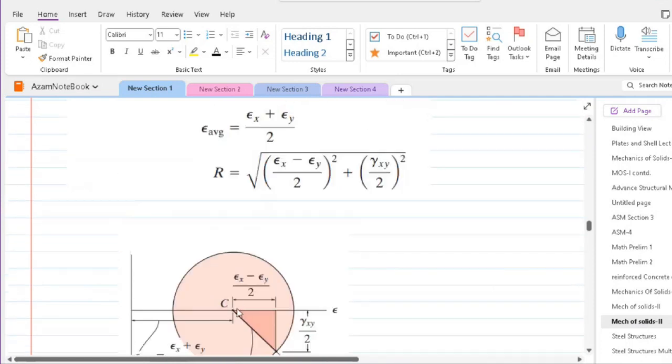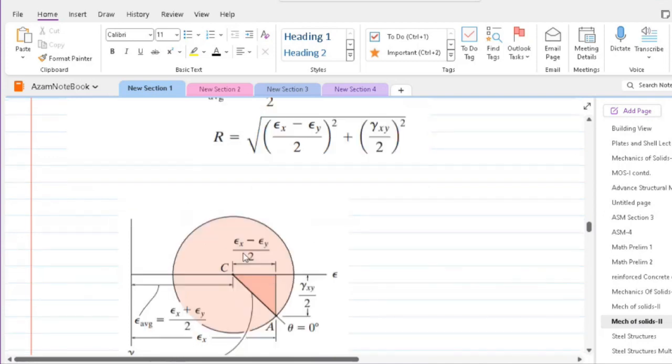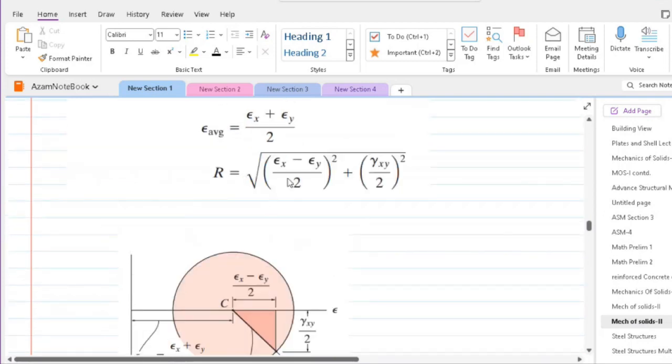having vertical coordinate equal to 0. The radius of this circle is epsilon x minus epsilon y by 2 whole square plus gamma xy by 2 whole square, both terms under square root.